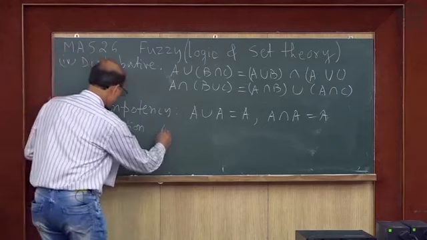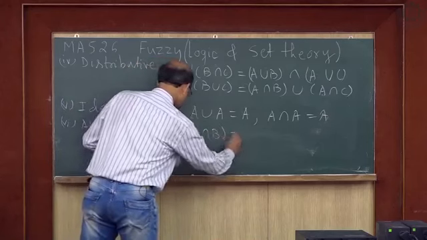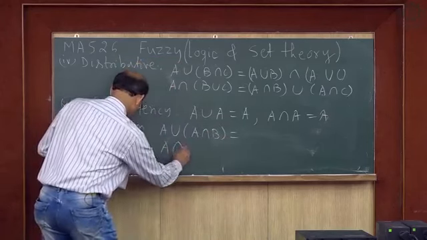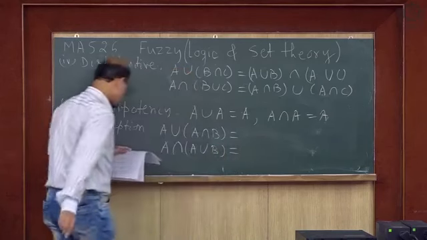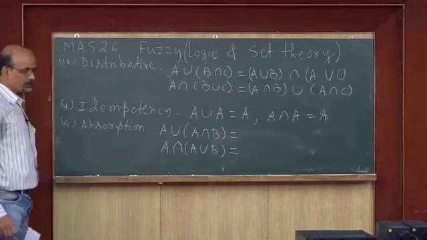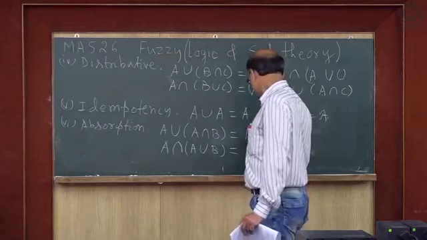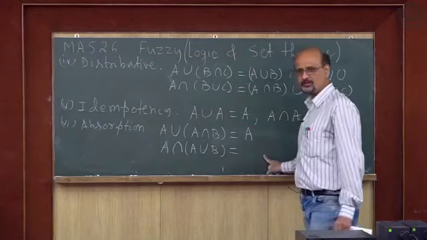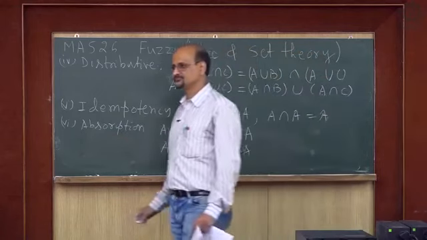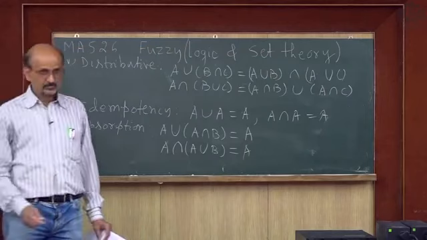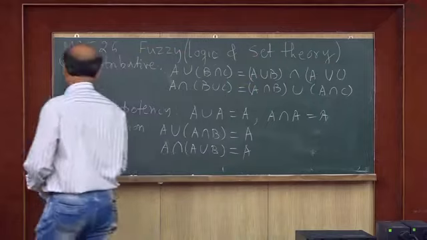Absorption is: A union (A intersection B) is what, and A intersection (A union B) is what? Tell me, A union (A intersection B) is A, and A intersection (A union B) is A. That is why it is called absorption. Now we have 4 more properties.